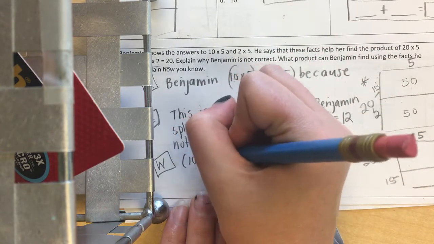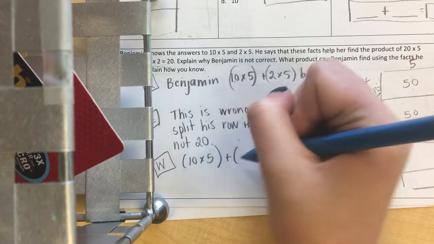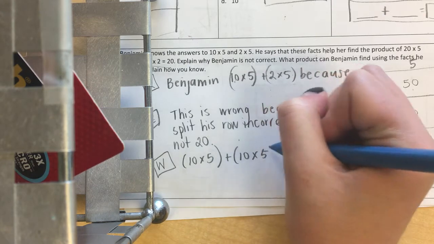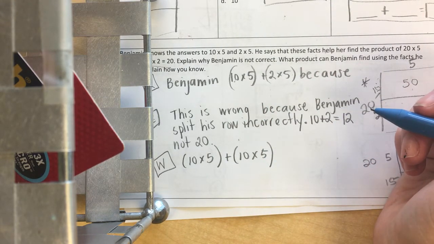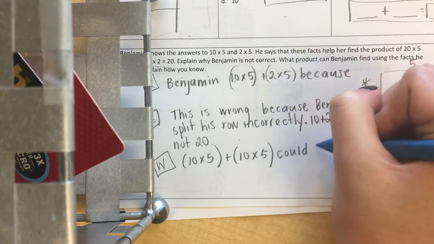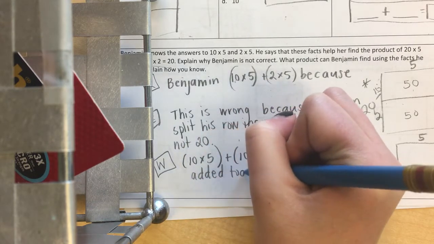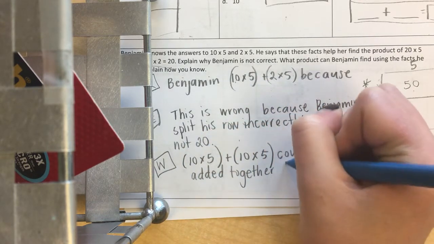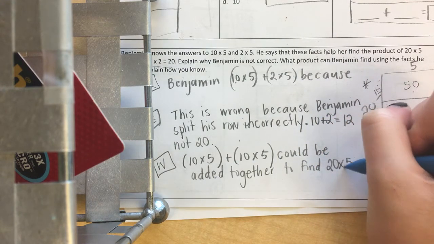So 10 times 5 plus 10 times 5 could be added together to find 20 times 5.